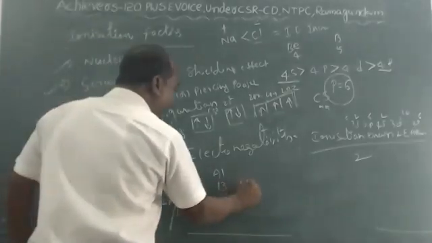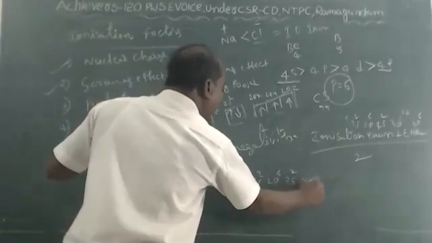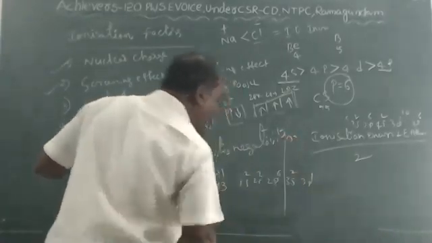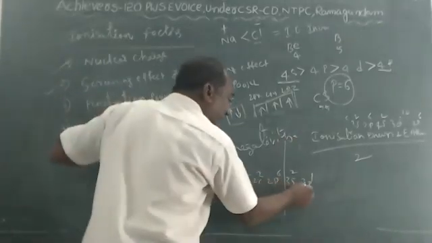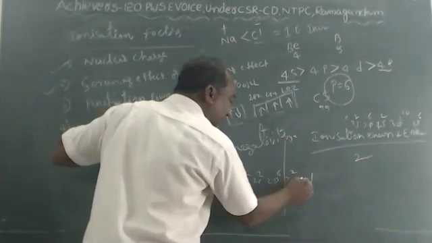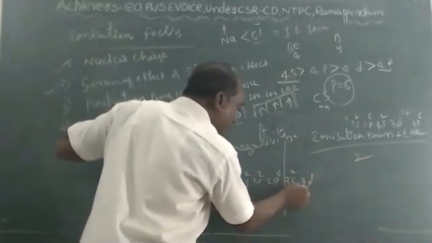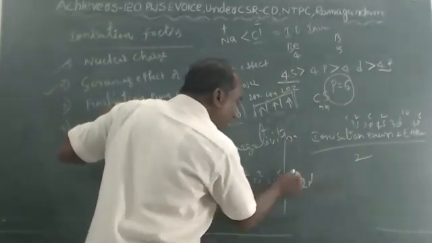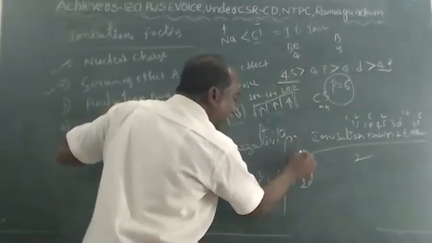In the same way, aluminium: 1s2, 2s2, 2p6, and 3s2, 3p1. Now here, 3s and 3p both belong to the same period, the third. So that's why aluminium belongs to the third period. For the group, here 2 electrons and here 1 electron, 2 plus 1 is 3 electrons.